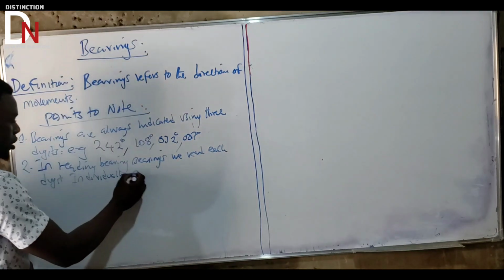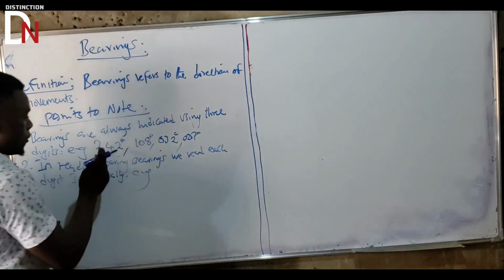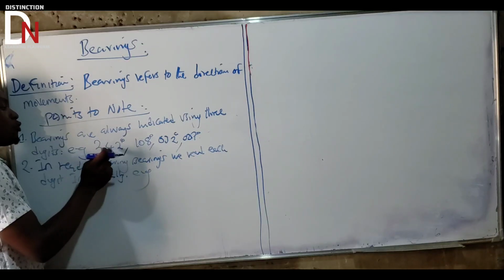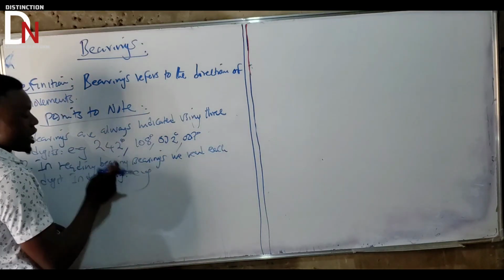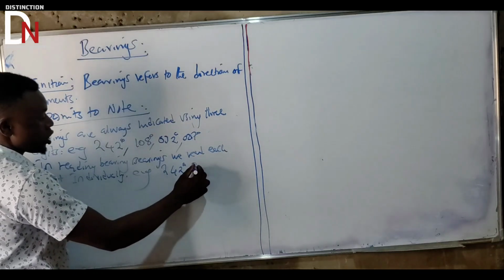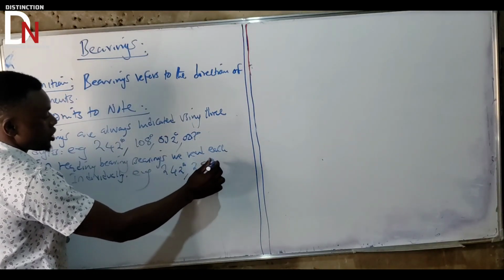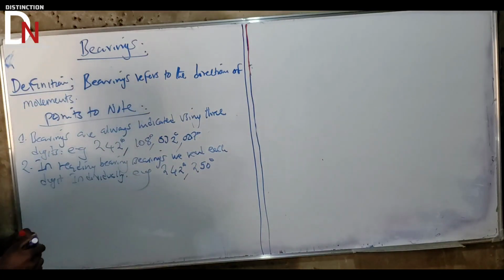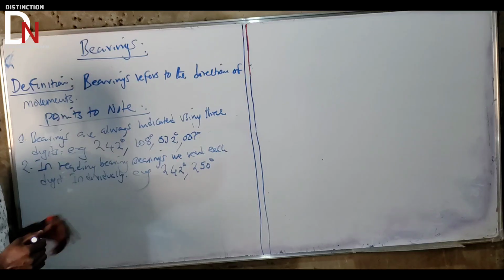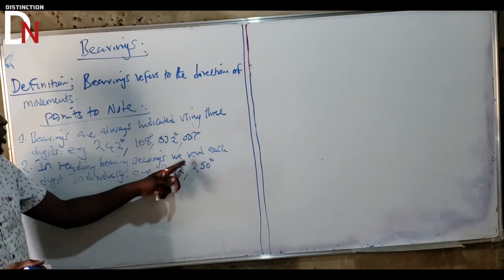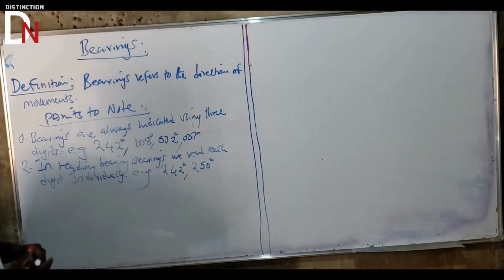Meaning, for example, you can't say bearing 242 degrees. This is read as 2-4-2 degrees. If it is 250 degrees, you can't say 250 degrees. When you're reading bearings, we read each digit individually, so you are supposed to take note of that.